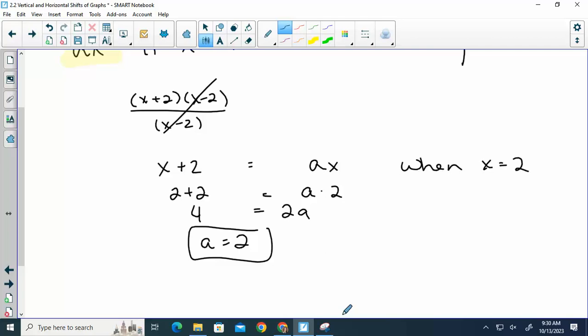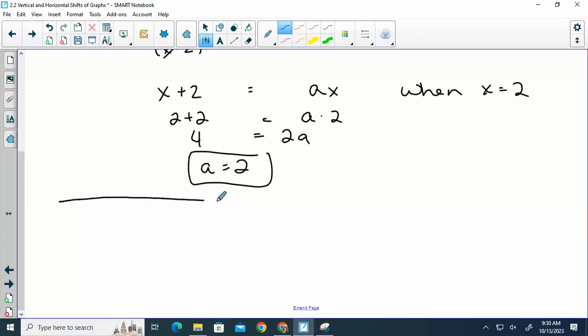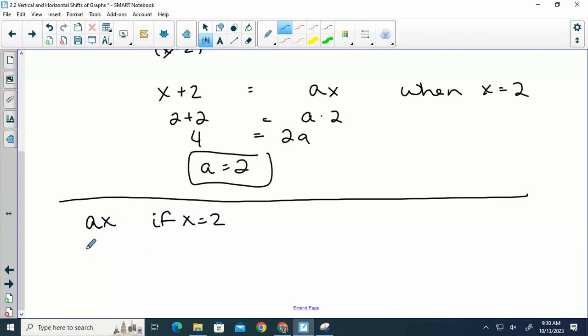So then for b, we can do a couple different options. You can look at when x is 2, it has to be the same as the ax, or when x is 3, it has to be the same as the bottom one. It doesn't really matter, it will give us the same answer either way. So, if I did this one, so we know ax when x is 2, and then we're going to jump to this piece.